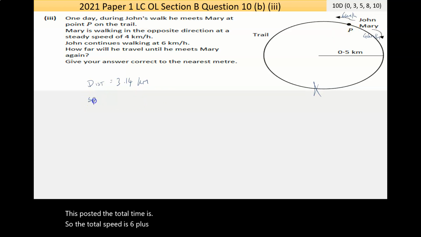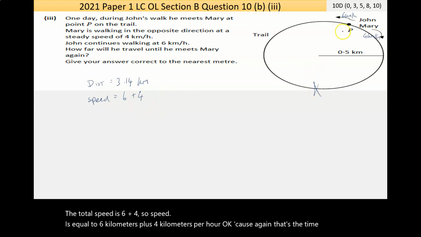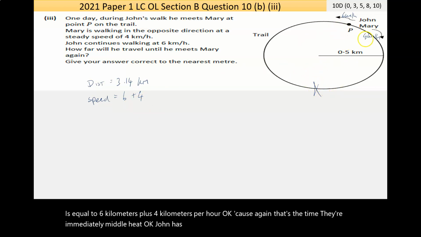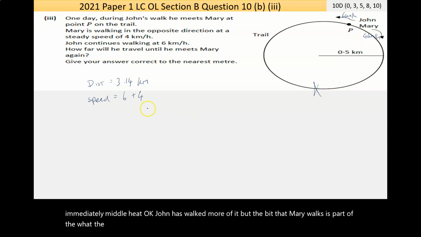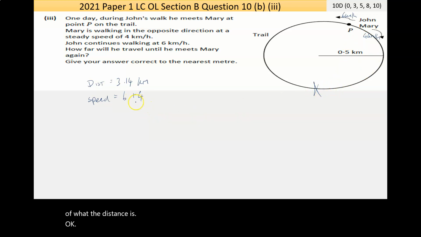So the speed is equal to 6 kilometers plus 4 kilometers per hour. Because that's the time they're meeting in the middle. John has walked more of it, but the bit that Mary walks is part of the distance. Now, that's 10 kilometers per hour.